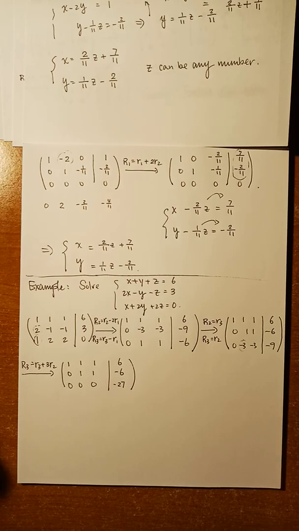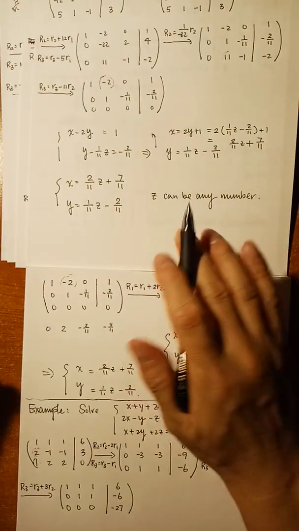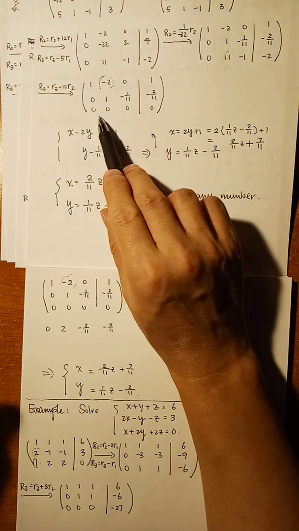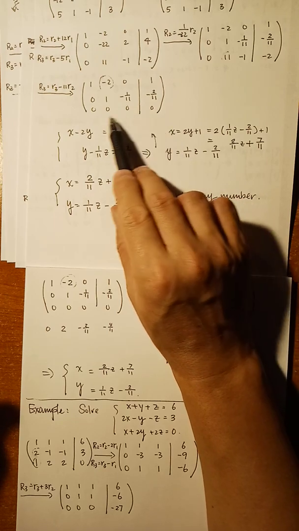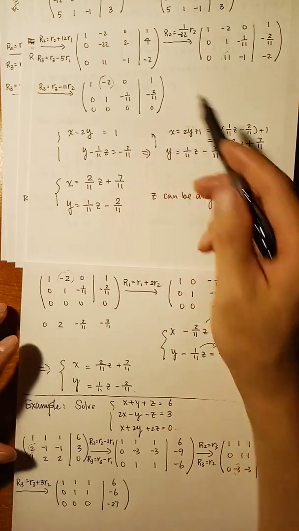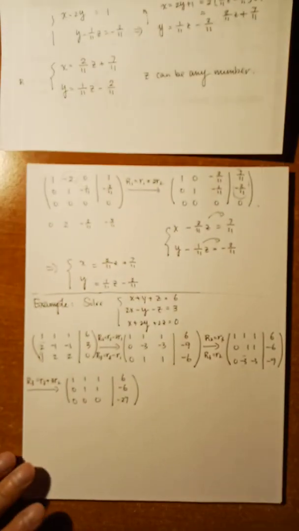Now we have a problem about the last row. How do we know it's a problem? You check here, check here. This is the consistent dependent case: the last row, all the entries from left and from right are always 0. If this happens, this is dependent but consistent.